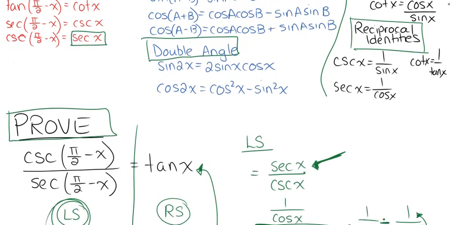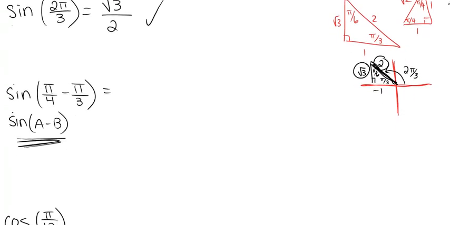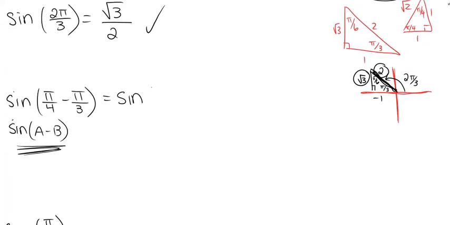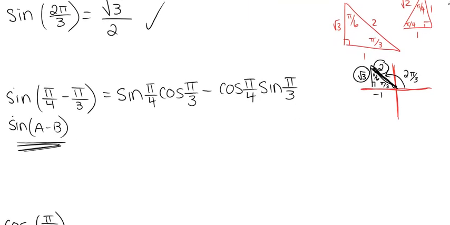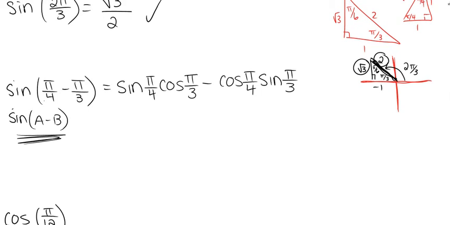So it goes sine pi over 4 cos pi over 3 minus cos pi over 4 sine pi over 3. I better make sure that's right. So sine A minus B: sine cos minus cosine sine. Yeah. And then I just use these two angles for A and B.